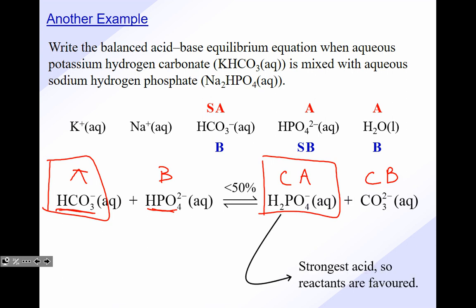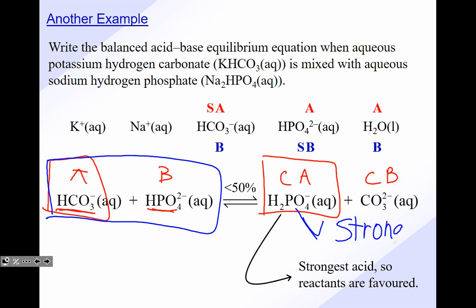Okay, so it's the strongest acid, so the reactants are favored, because this is your strongest acid between the two. And this little guy says less than 50%, which means less than 50% is going to favor products. So in a way, it's oppositely kind of telling you it's favoring the reactants. I know, I'm so sorry. Chemistry is so awesome, but sometimes it's counterintuitive.